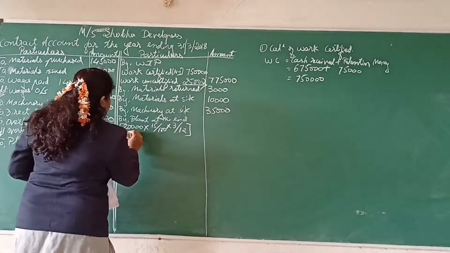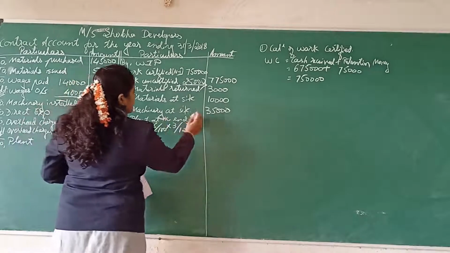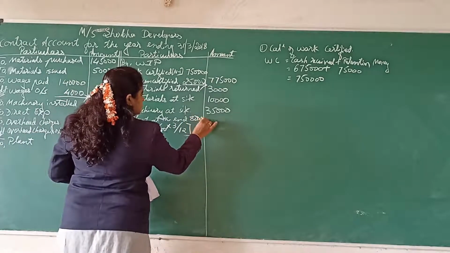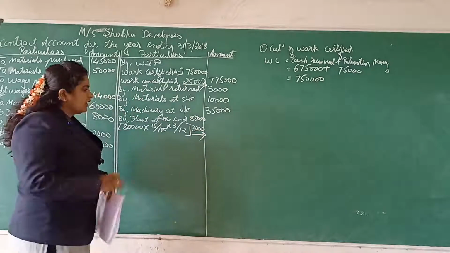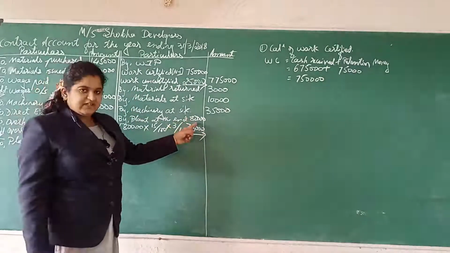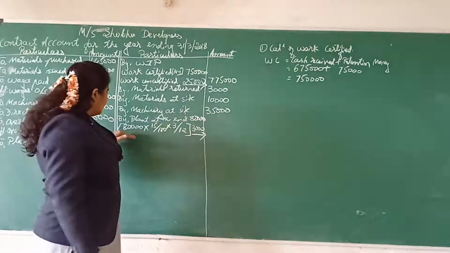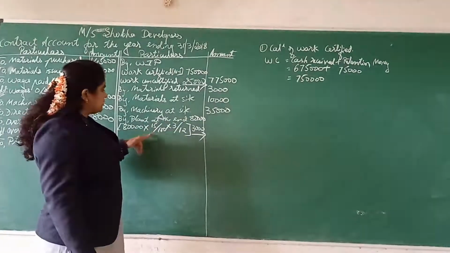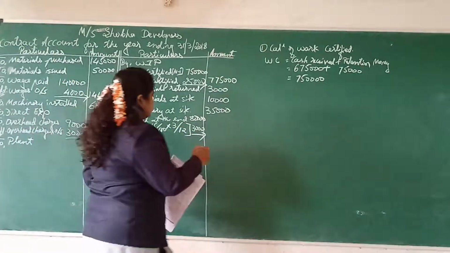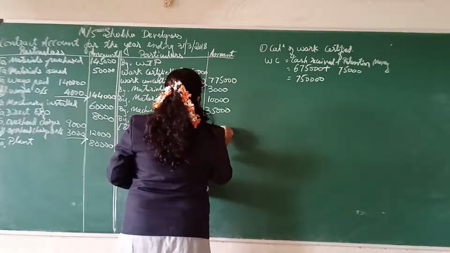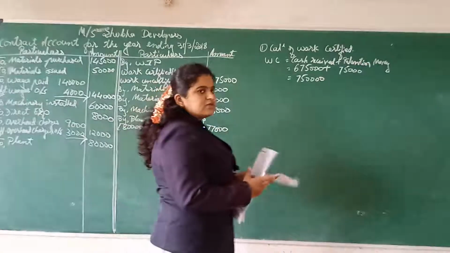Okay, so here you can write 80,000 and less 3,000. 80,000 have installed plant and depreciation has to be deducted. Depreciation is 3,000. So 80,000 minus 3,000, that is 77,000.